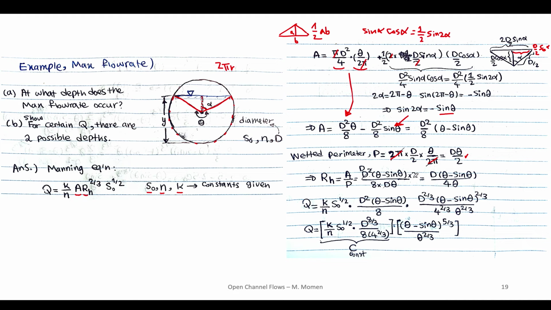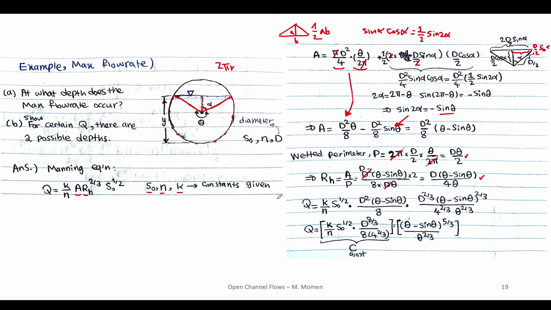And then these two are going to cancel out, d squared over d, so I'm only left with d here. So I will get d times theta minus sine theta, and 2 and 8 are going to cancel, so I am left with 4 theta. So this is going to be the hydraulic radius of my problem as a function of theta.